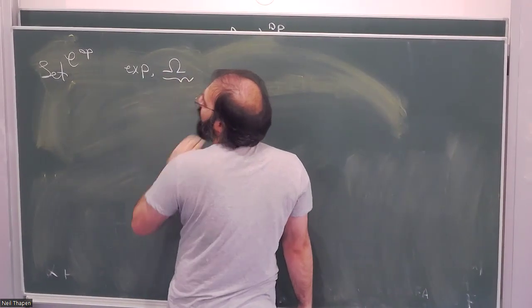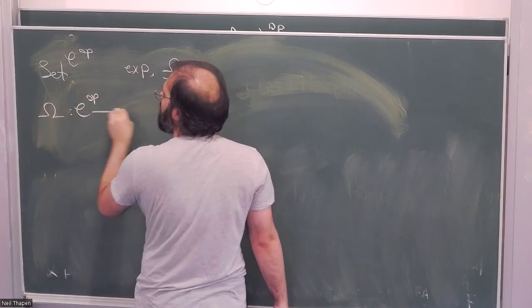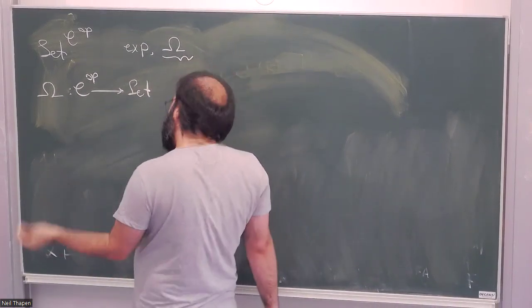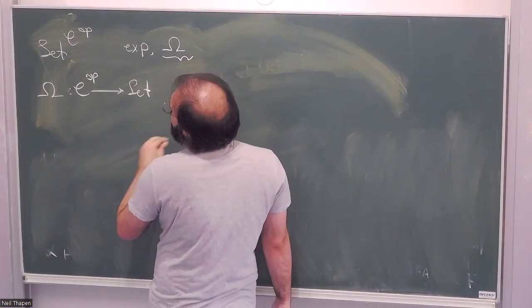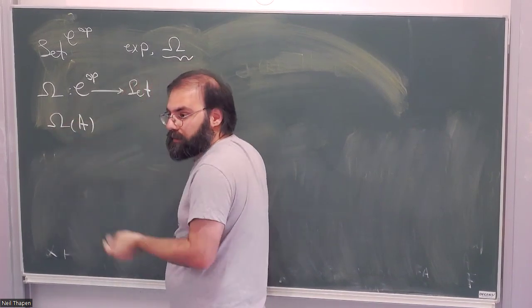So say that's easier. I want to define omega. Whatever it is, it should be a functor, right? And then I have to define omega of A to know what it is as a functor.